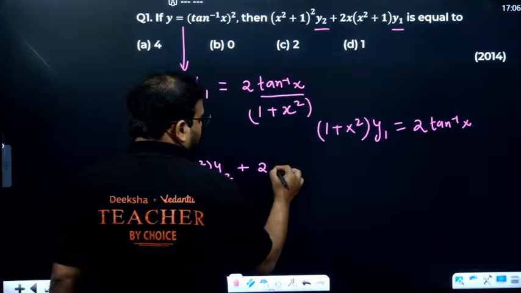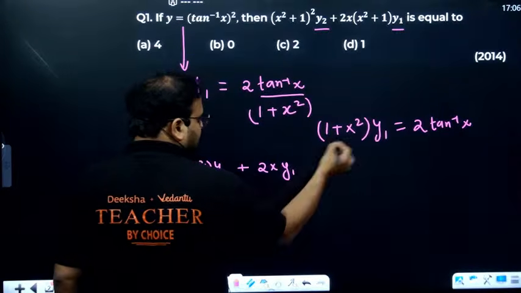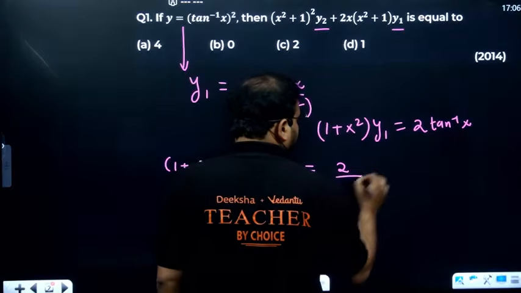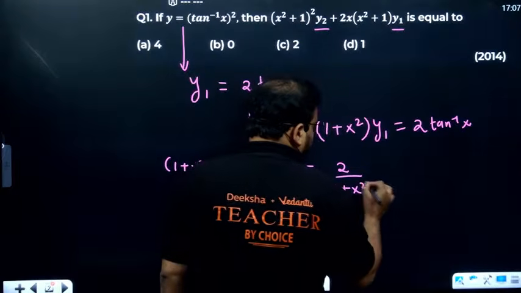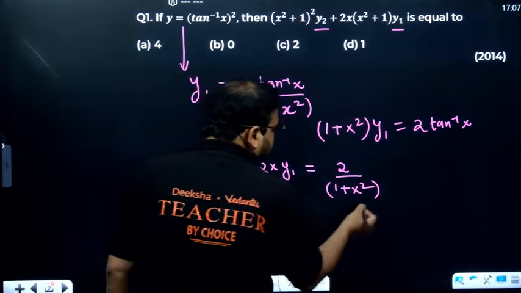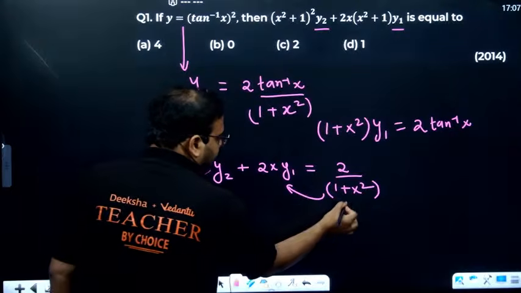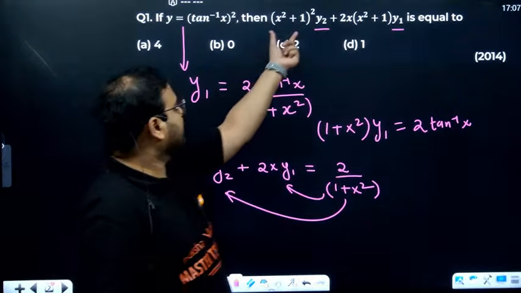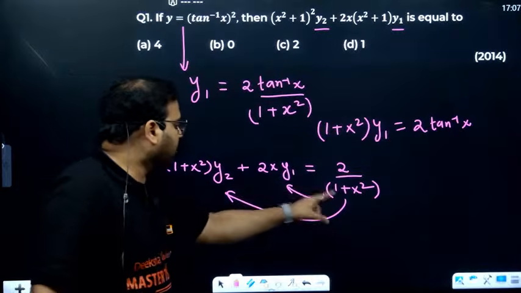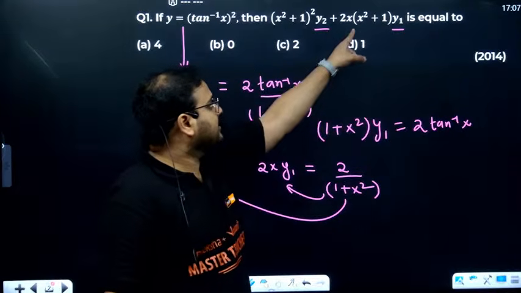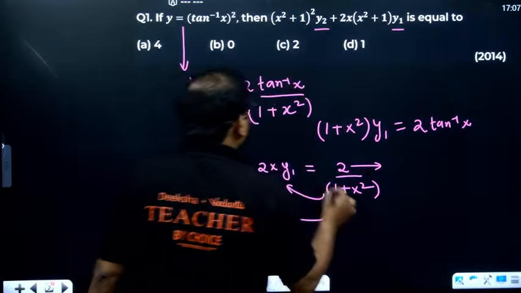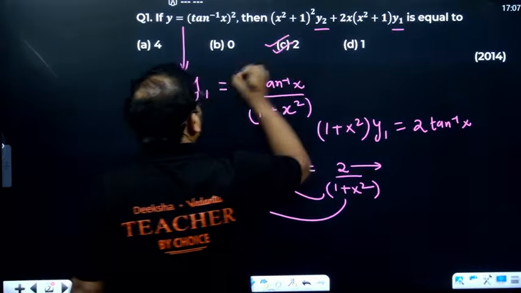So I'll have 2x and y1 as it is. For that part, we'll have 2 upon the derivative of tan inverse, so 1 plus x square. If you see carefully, this will be multiplied to this term as well as this term. So my answer is coming, check here, the whole square. If you multiply over here, 2x times this bracket is the same, and this is going to be equal to what value? This value 2. So my answer will be option C.